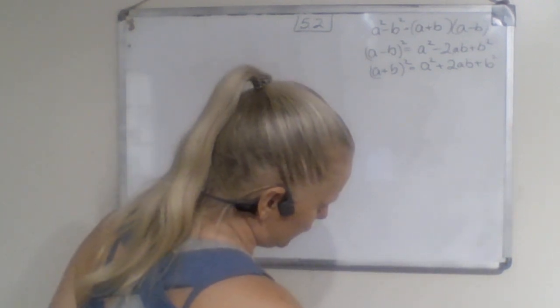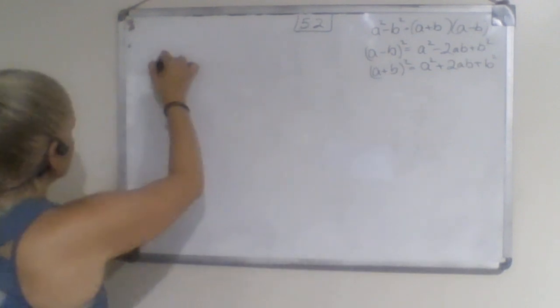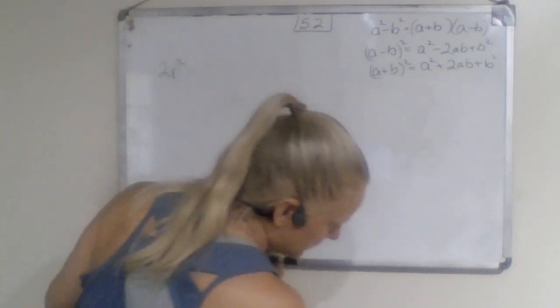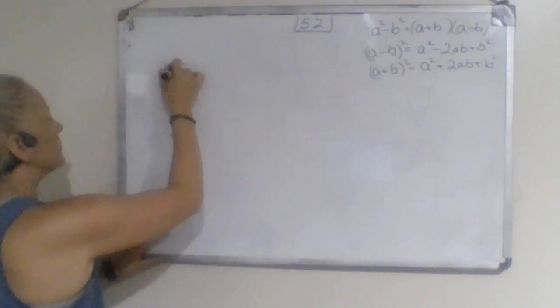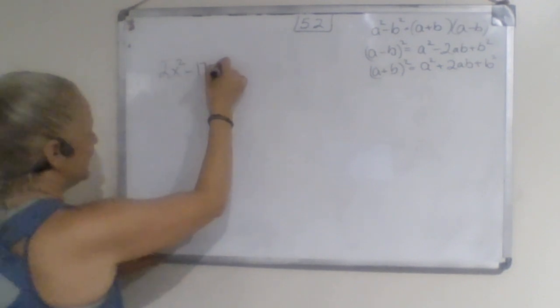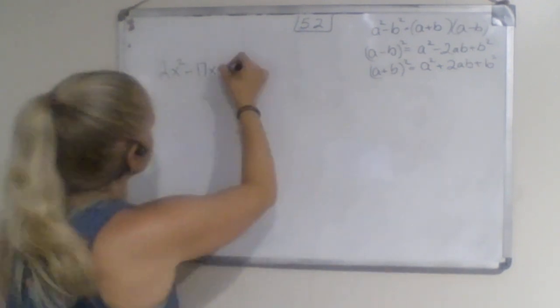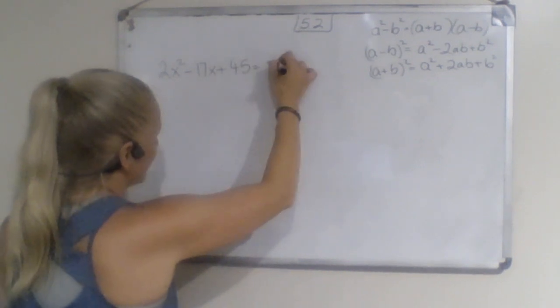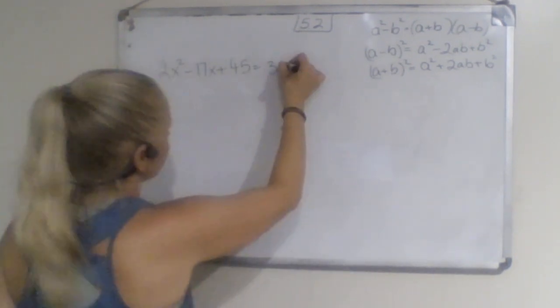Here we go. Let's just do the harder one. 2x squared minus 17x plus 45 equals 3x minus 5.